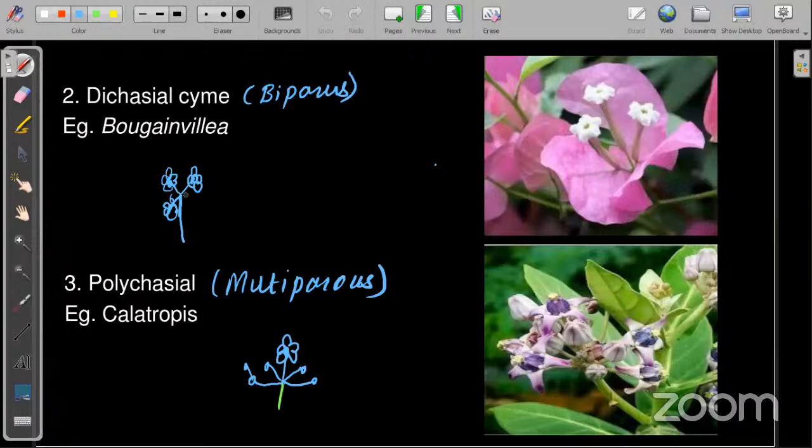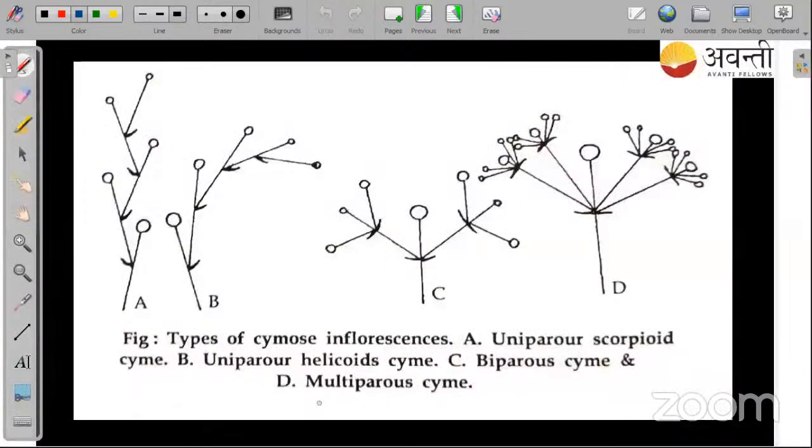That means first one flower starts developing and after that two flowers develop around it. This is the diagram. Next we discuss the polychasial, that is the multiparous. This is like a dichasial, but here so many flowers are developed. This is again a diagram.